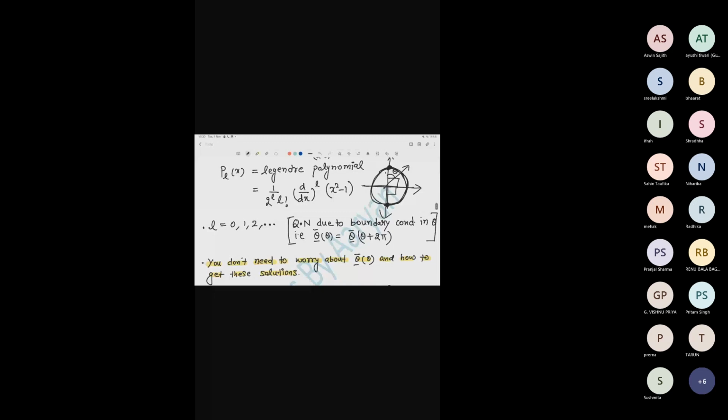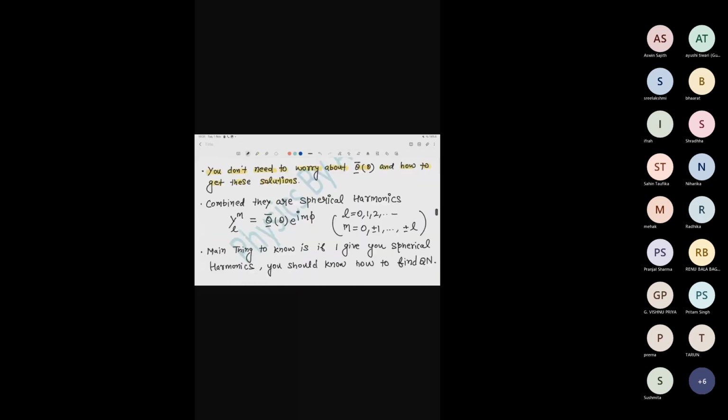Now, what you need to know: if I am saying don't remember this, then what is the point? What is the question that actually comes? If I give you spherical harmonics, then by looking at them you should know what the quantum numbers are. So it's actually reverse engineering, not a direct derivation.